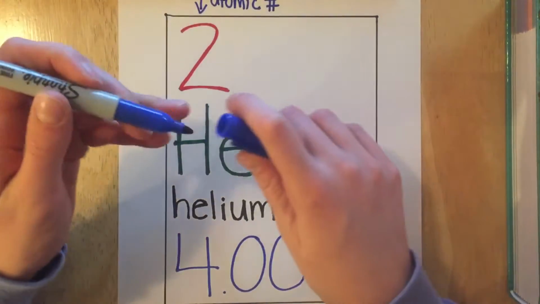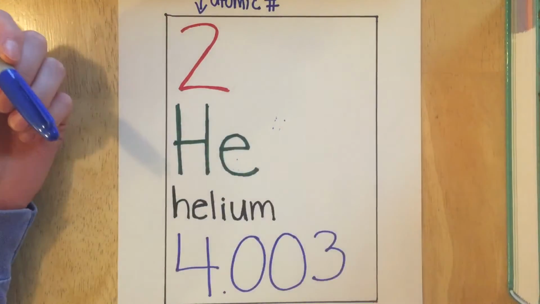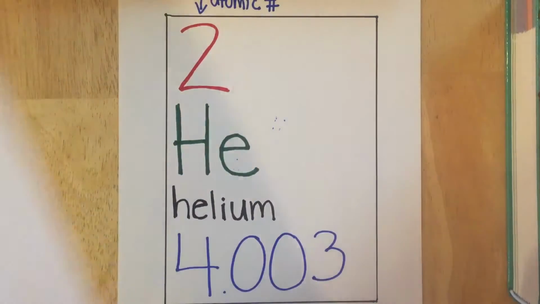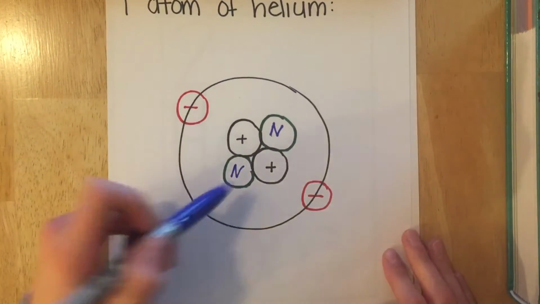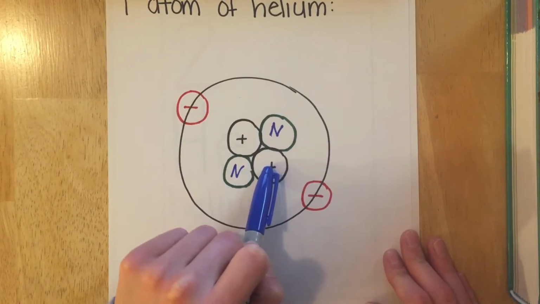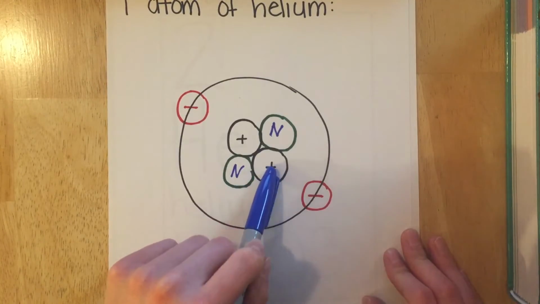This number tells us the number of protons in the nucleus of the atom. Protons are a subatomic particle located in what we call the nucleus, or the center of the atom. This number will never change, unlike the number of neutrons or electrons.